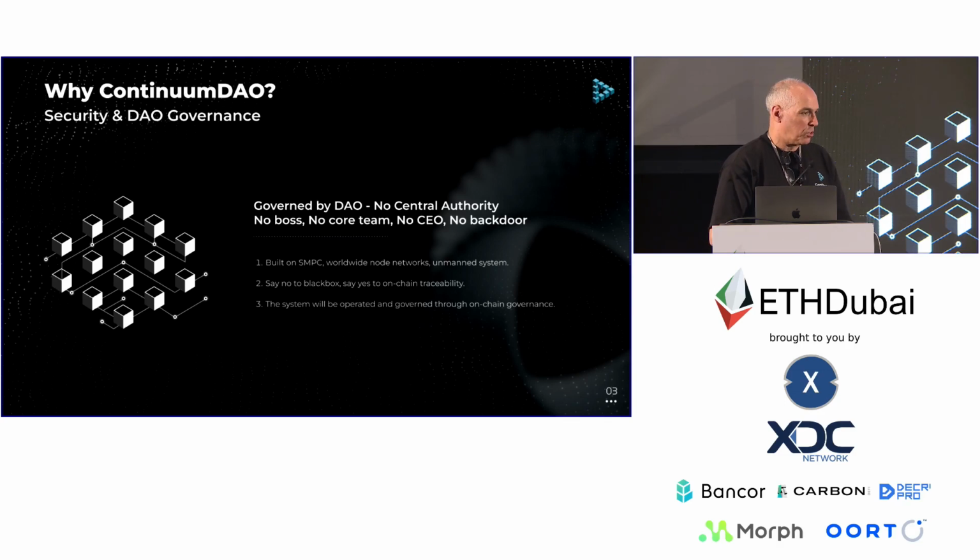All spending decisions, all contract deployments, admin function, updates, and so on are all controlled by voting. So we are worldwide distributed. We have core contributors around the globe. And our intention is to create a system, an MPC network, that does not require anybody to actually run it at all. It'll be self-running.